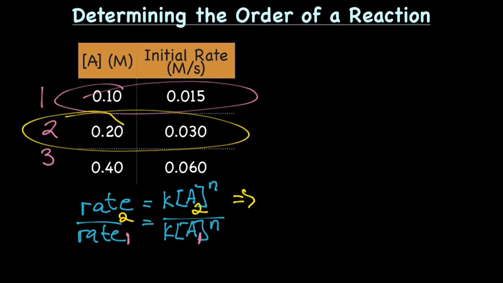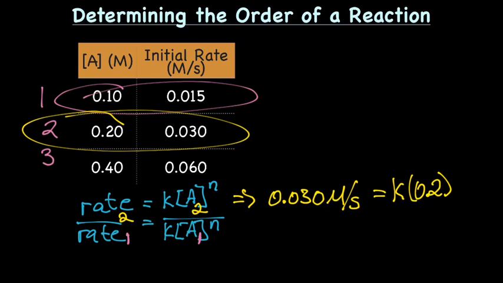So we're going to have our rate 2 is 0.030 equals K, we don't know our K, and concentration 2 is 0.2 to the N. Right, now let's do this for rate number 1.